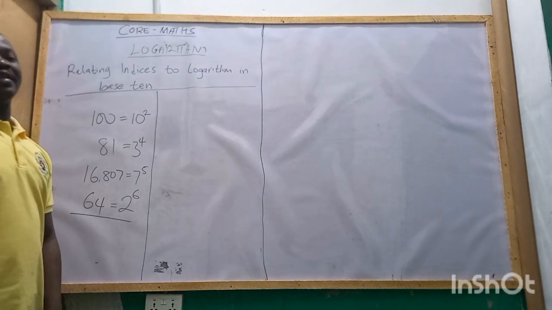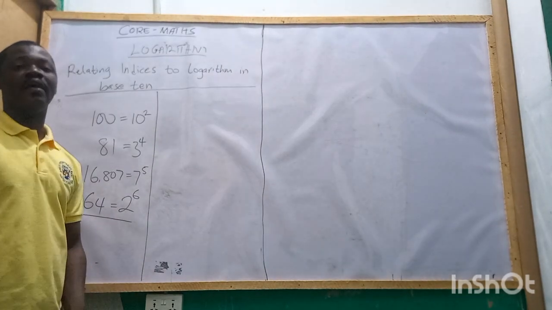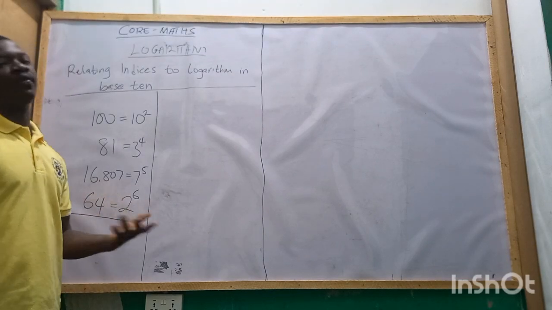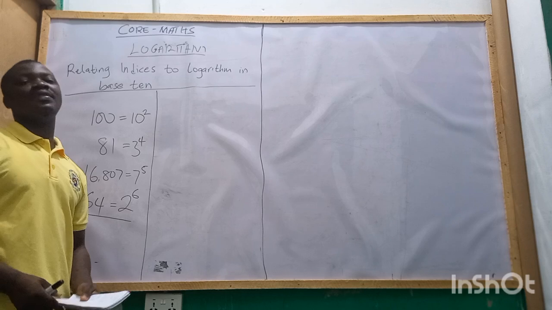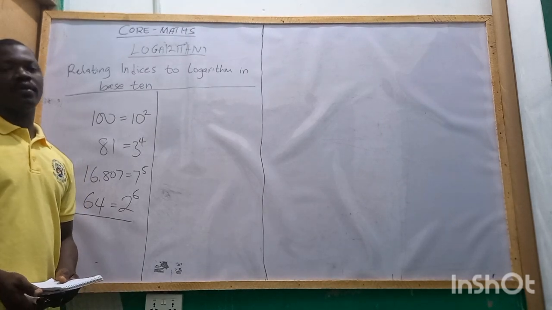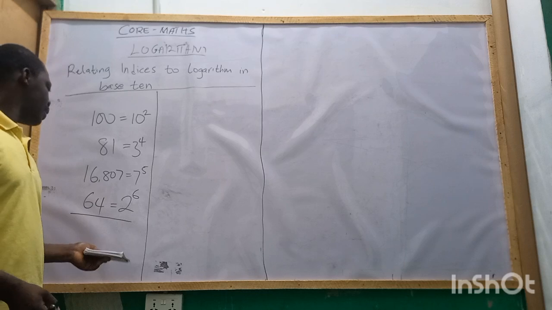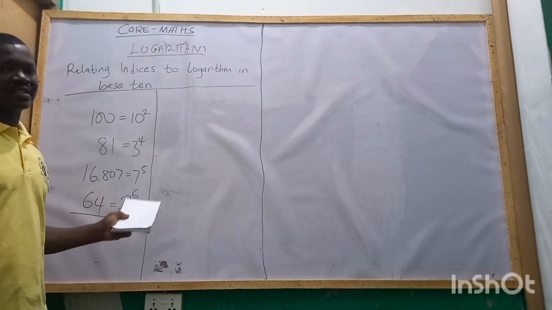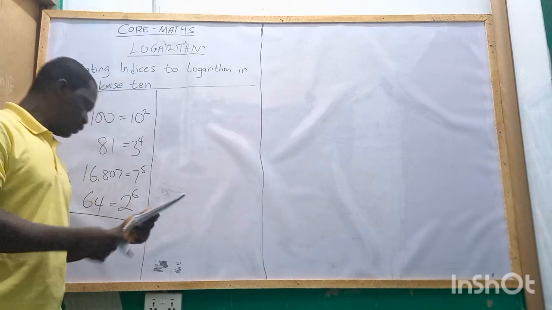It's very easy, it's very simple. Let's pay much attention here, because here is the concept of logarithm. The moment you understand this, every log problem will be very easy for you. So writing 64, which is 2 exponent 6, in log form is very simple.